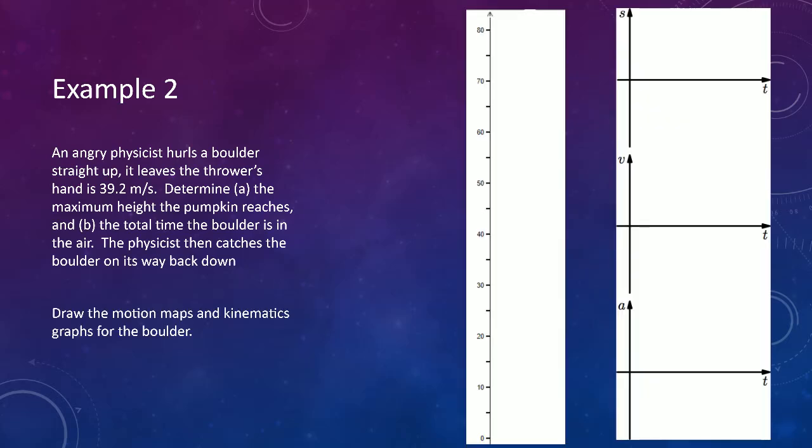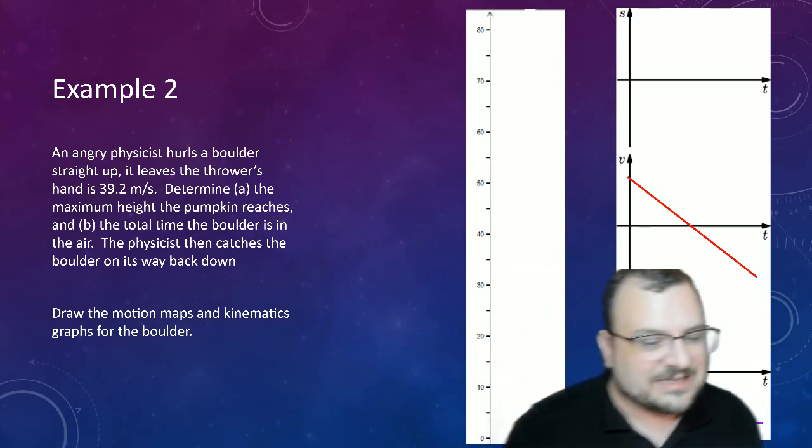What does this look like graphically? Well, pretty much it's going to look really similar to our Galileo problem. The acceleration is going to be that constant negative 9.8 meters per second squared. Our velocity is going to have that same slope, but now just because we're starting at 39.2 meters per second rather than 0, it's going to be a little bit more positive.